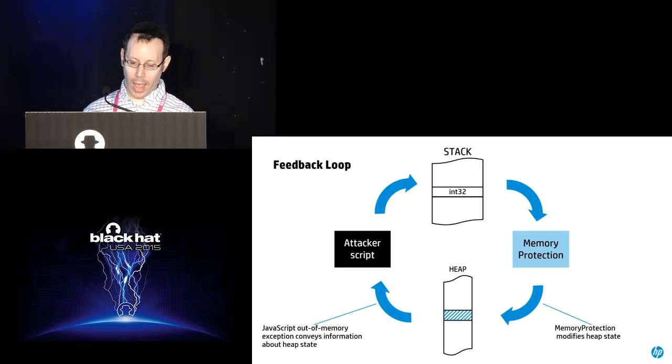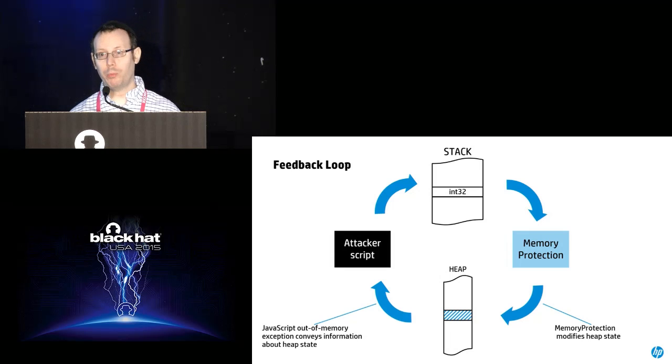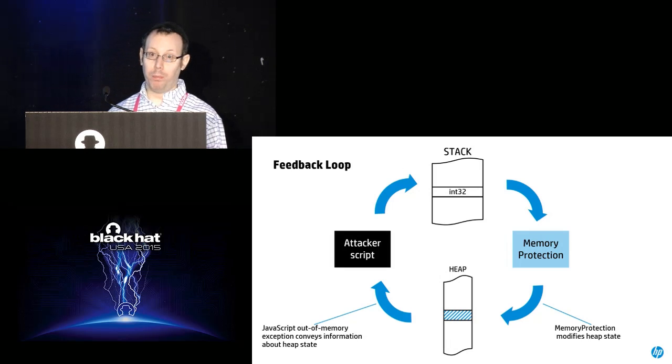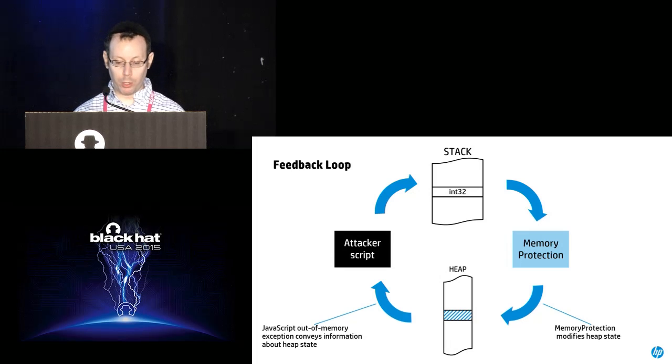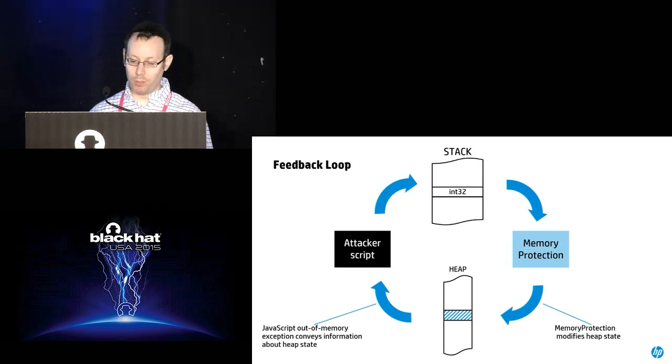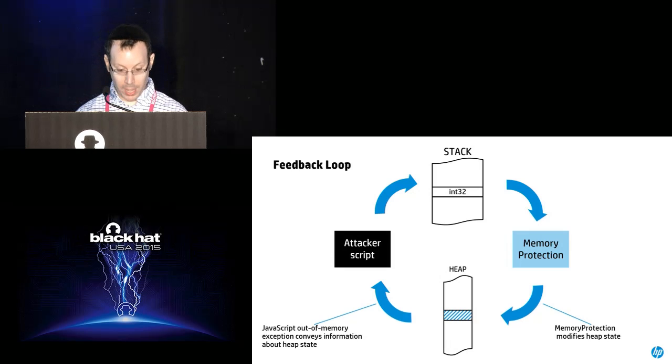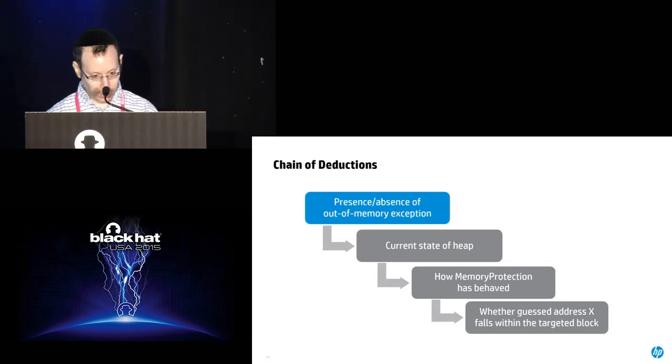How do we find out how memory protection has responded? We attempt a new heap allocation that is designed to succeed or fail depending upon what memory protection has done to the heap. Then, by checking for the presence or absence of an out-of-memory exception, we can make a deduction about how memory protection has behaved, and this reveals the answer to whether X falls within the targeted block of memory.